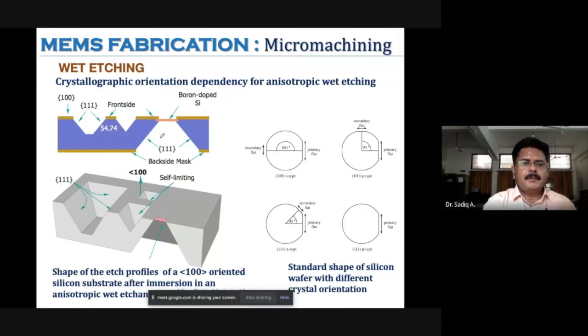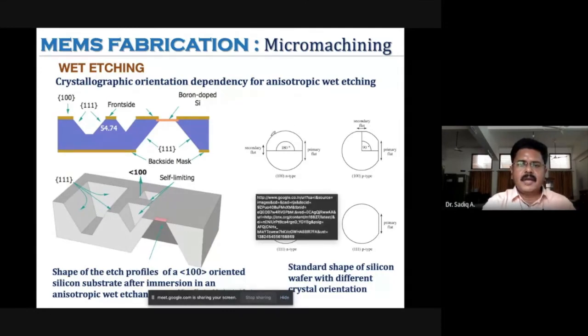So when we buy a particular crystal wafer, how can we understand what kind of crystallographic orientation is inside the wafer? That's a question. For that, when manufacturers provide wafers, they use a standard method.